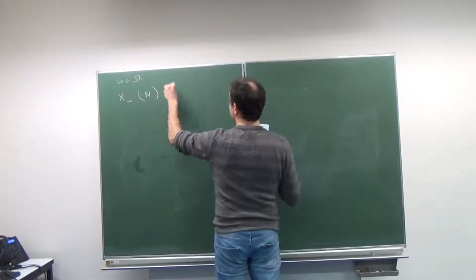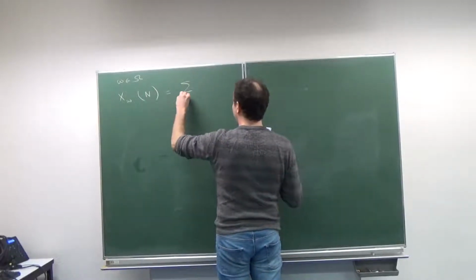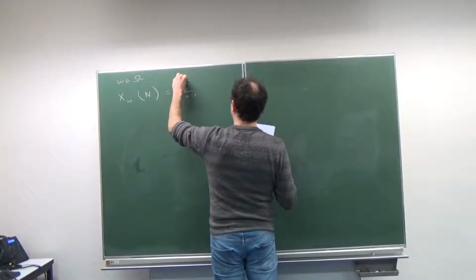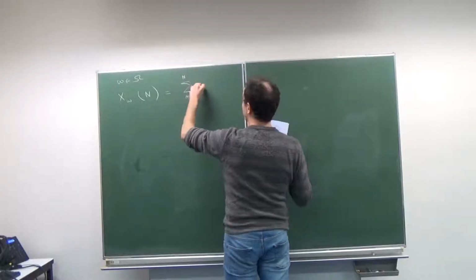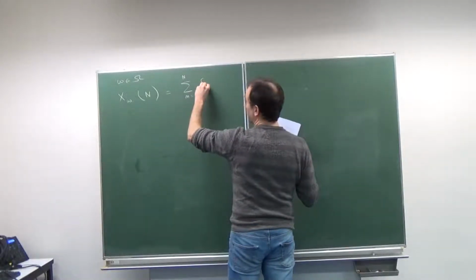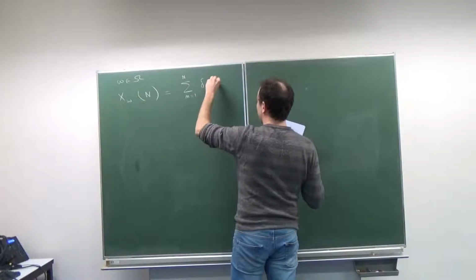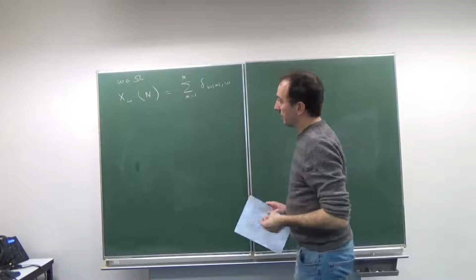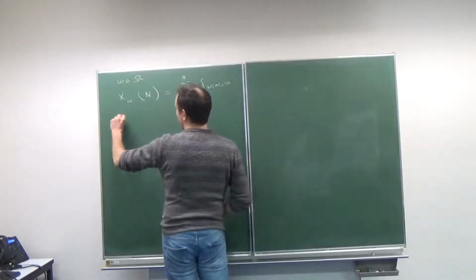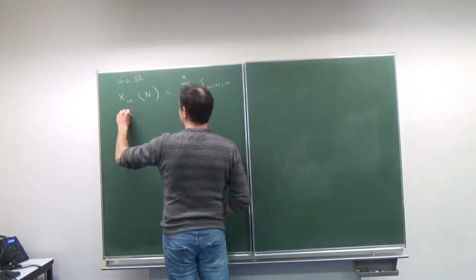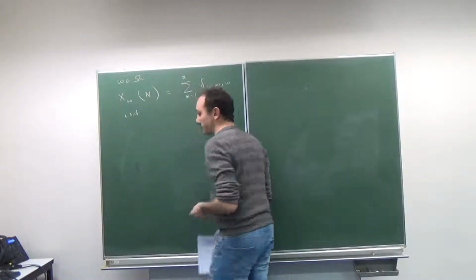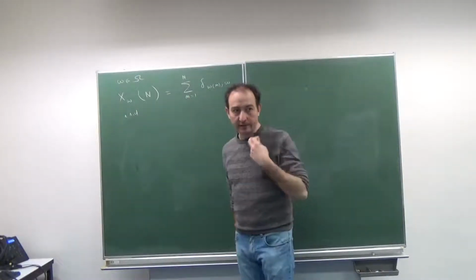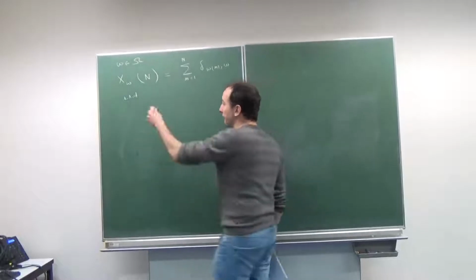It was defined as the sum from 1 to n of the occurrence of the symbol, whether omega_i was equal to omega. This was with independent identically distributed symbols. Now we move to Markov processes.